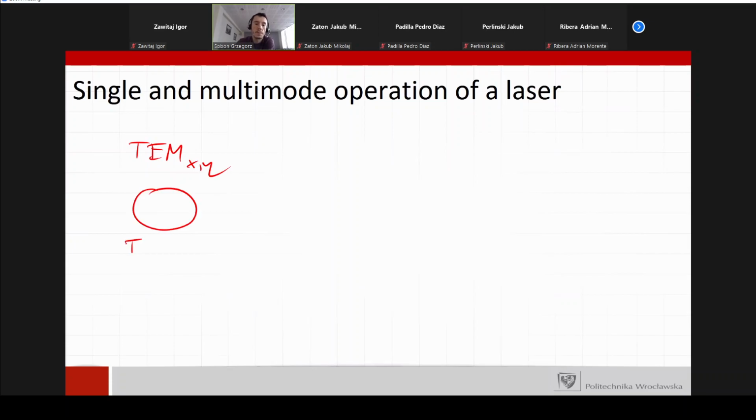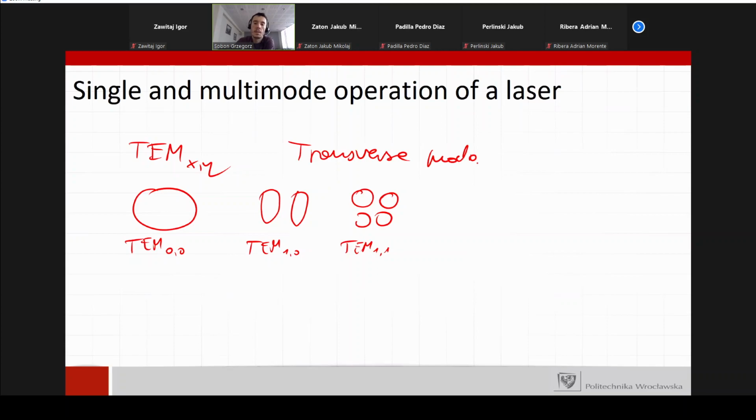So this was the fundamental mode, or the TEM10, or we can have these kinds of distributions like TEM11 and so on. So these are transverse modes.